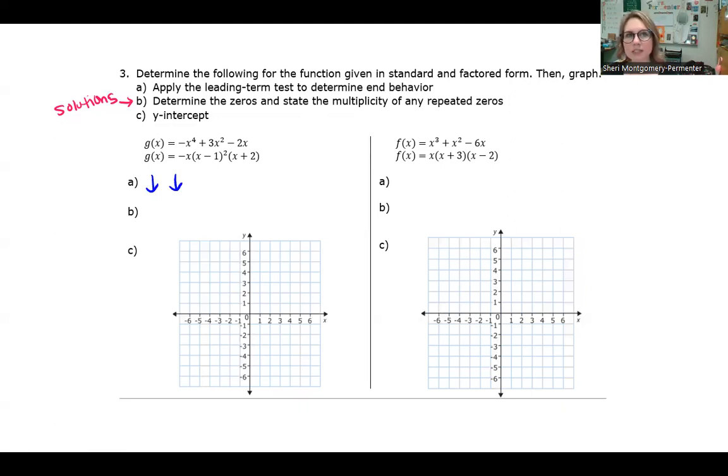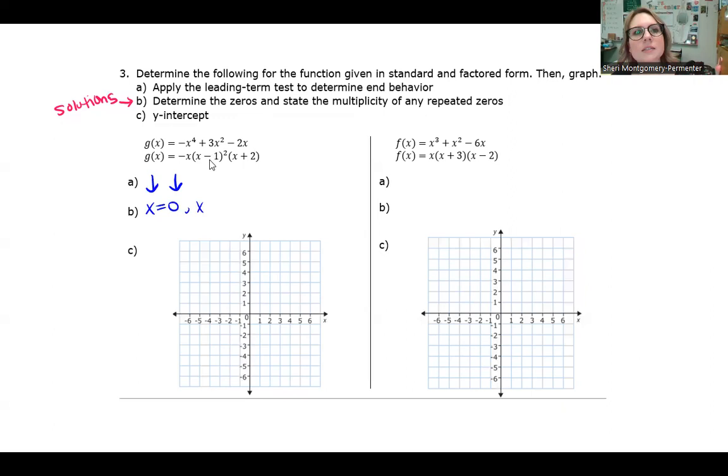Part B is finding the solutions. So the solutions are when we take each factor and we set it equal to 0. As we do so, we're going to note any of the multiplicities. So the first one, if I set negative x equal to 0, it's just 0. So x is equal to 0.